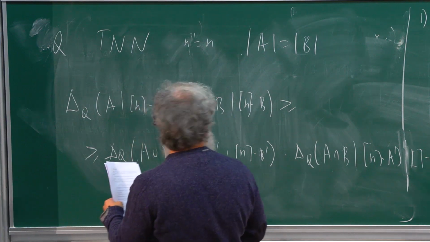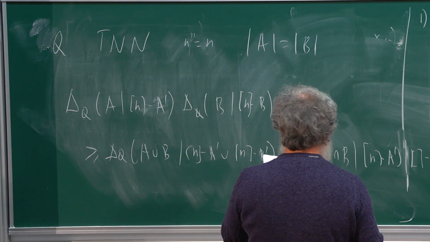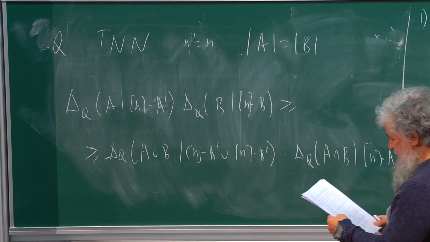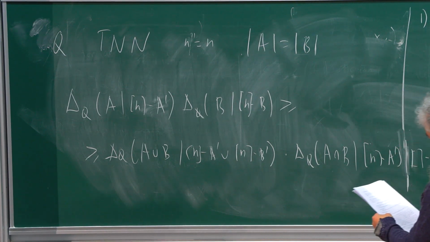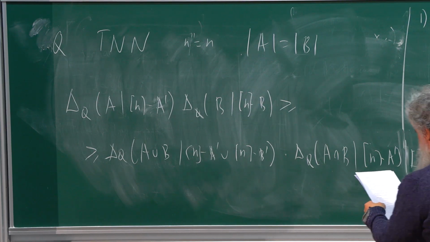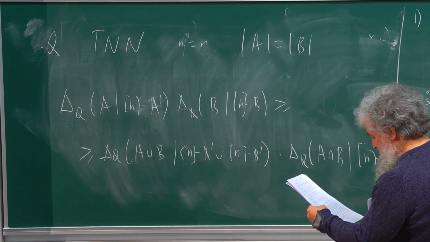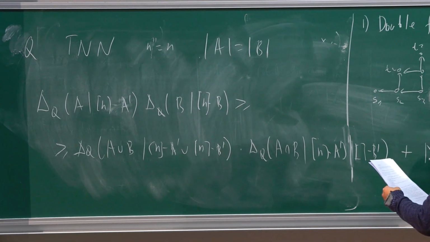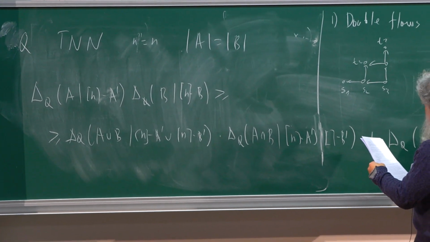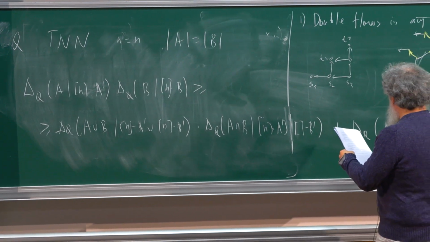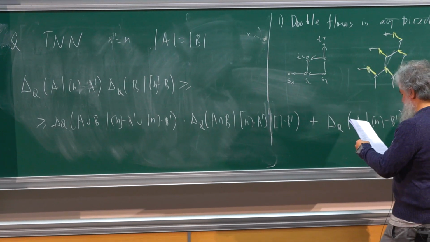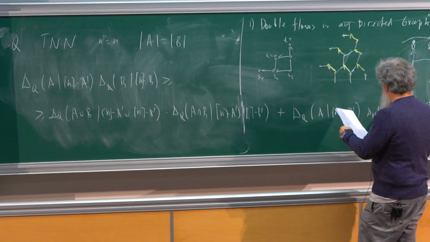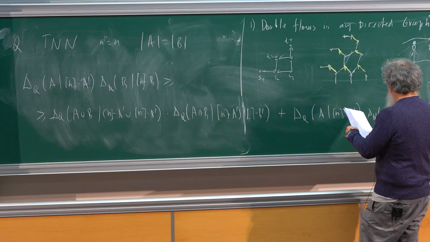But now we want to strengthen this inequality in the following sense. What we have to add is some correction term of the form Q of A, n minus B prime, multiplied by Q of B, n minus A prime.